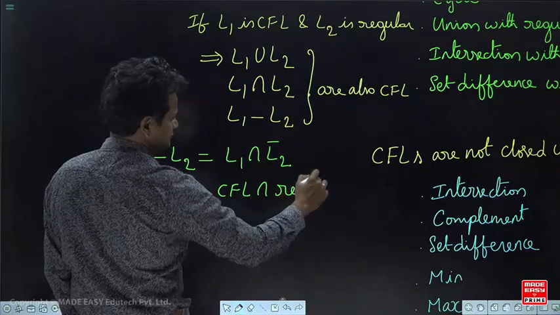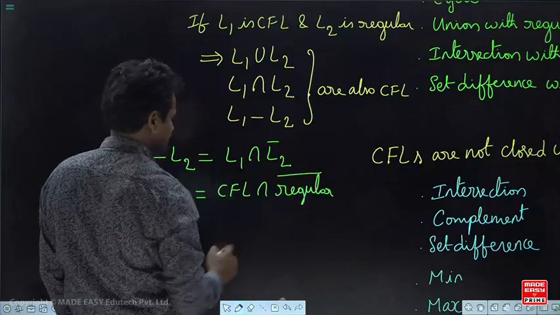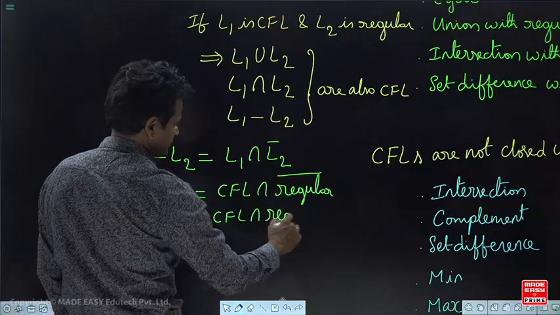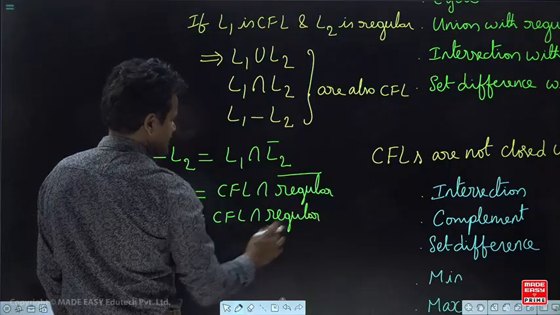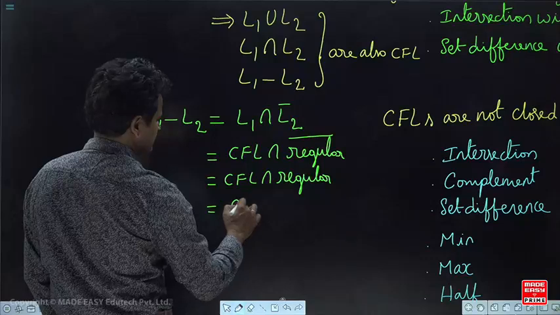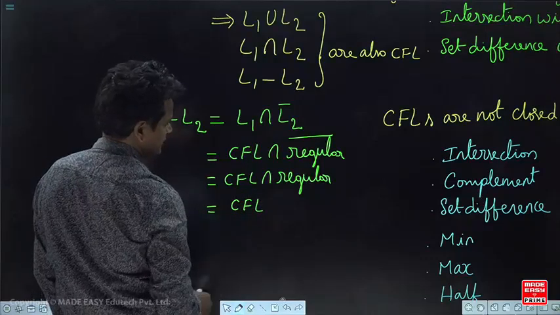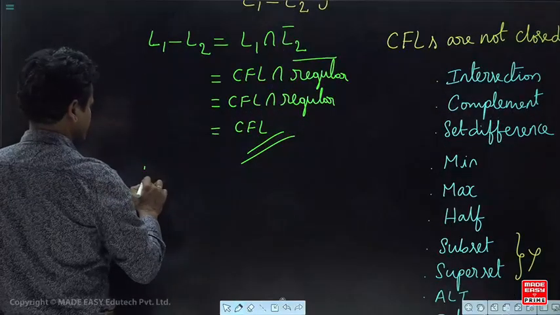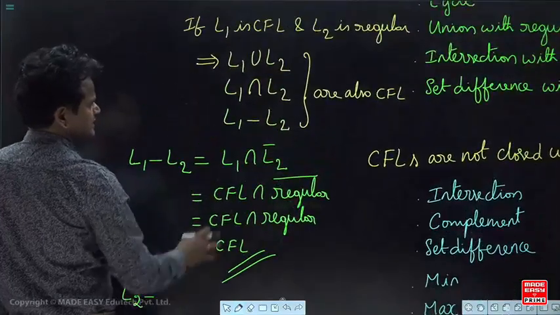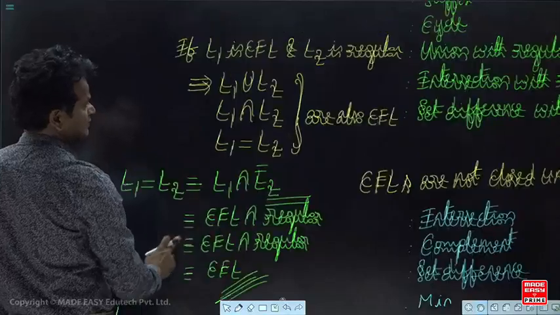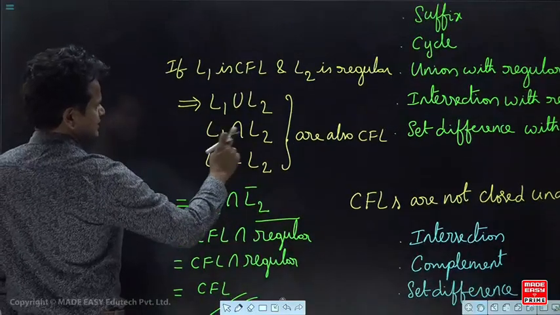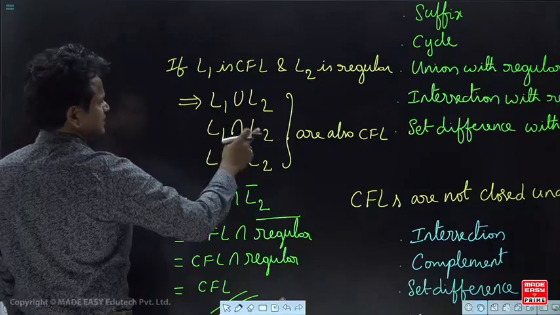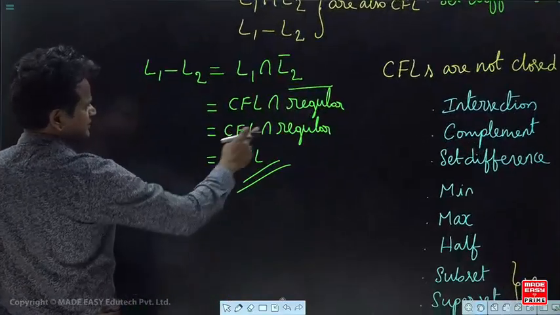Regular. Regular complement. CFL intersection regular complement is also regular. CFL intersection regular is CFL. Because intersection of CFL and regular, or union of CFL and regular, is also CFL. So CFL intersection regular is CFL.